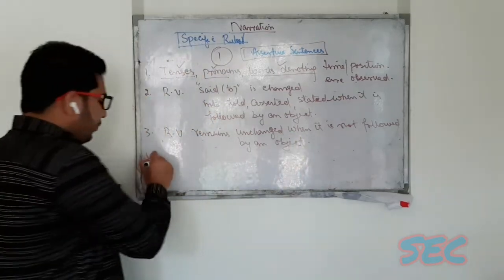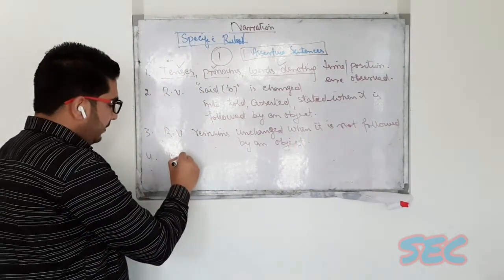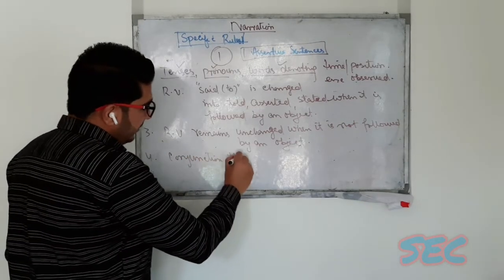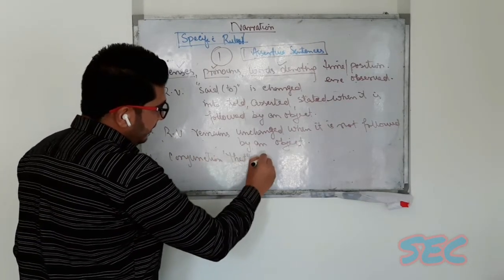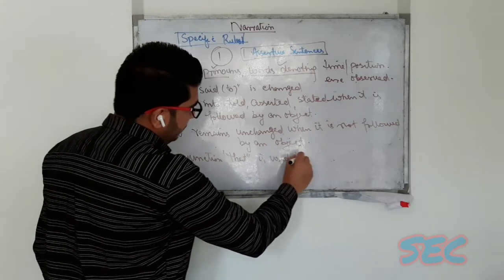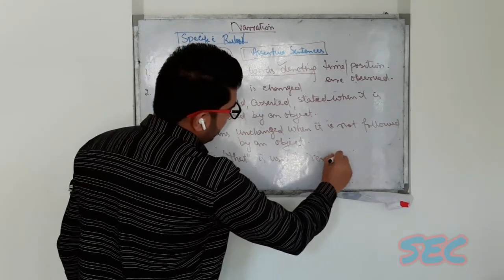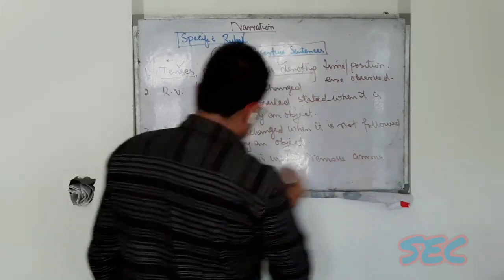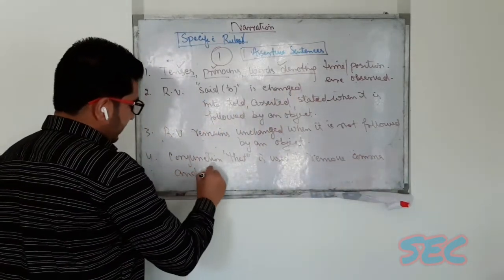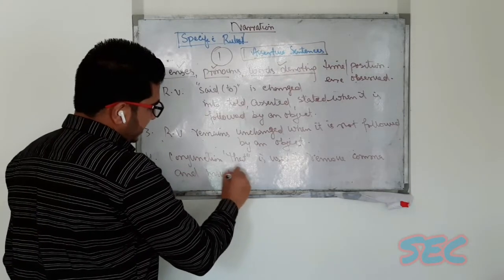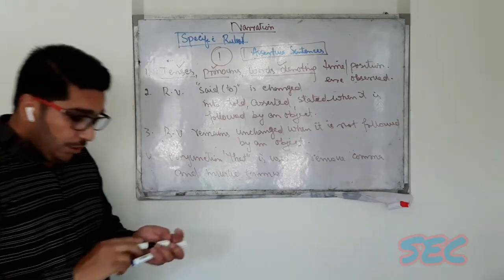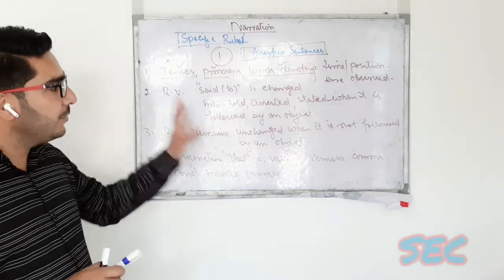And then fourth rule, the conjunction that is used to remove the comma and inverted commas. So these are the main rules.